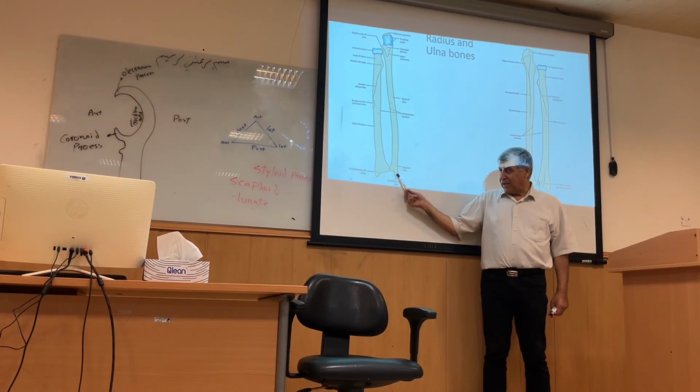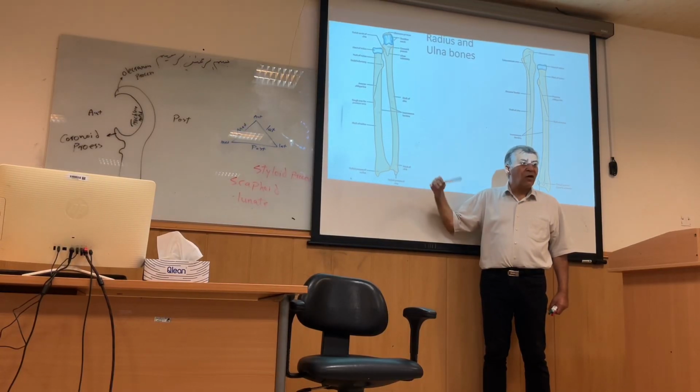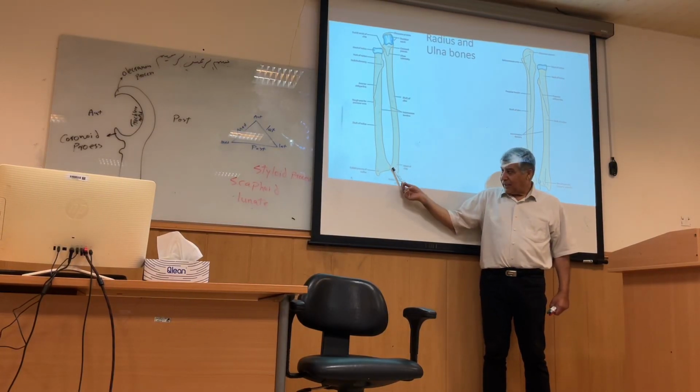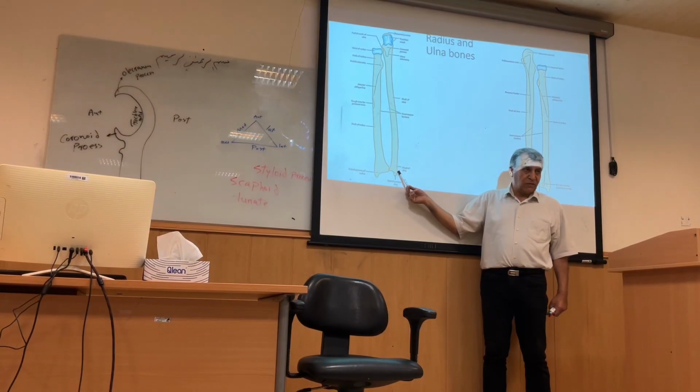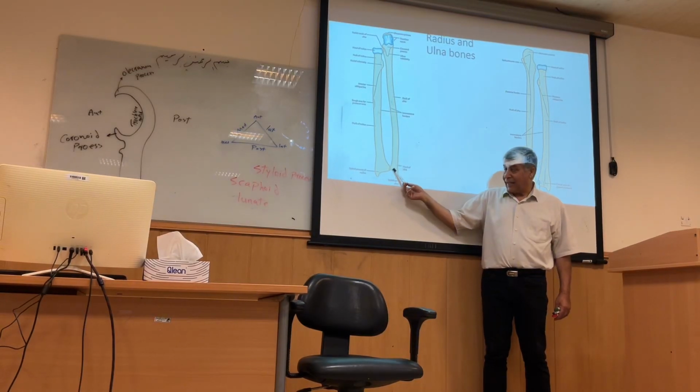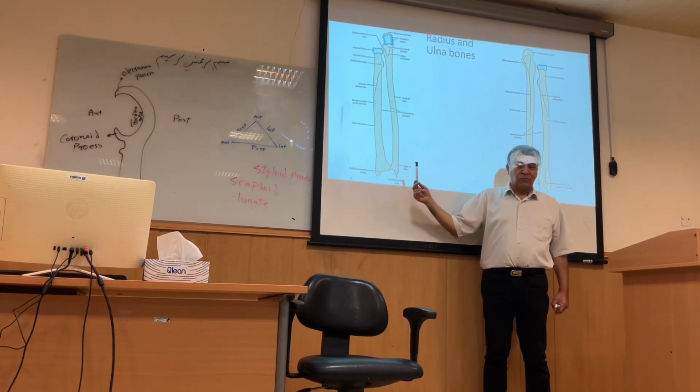Medial surface contains a process called the styloid process. Anterior and posterior surfaces are not important. Lateral and medial surfaces are important.